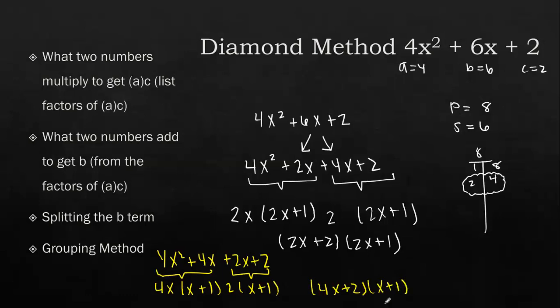Both of these answers are correct. You will not get one like this on the test. So you could have got either one of these answers and they would have been correct. You got that? Good.